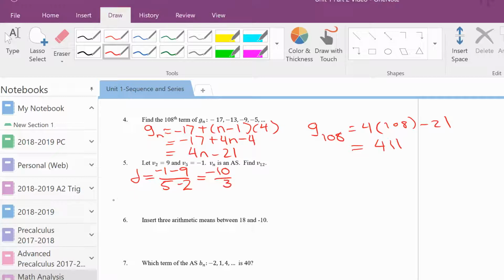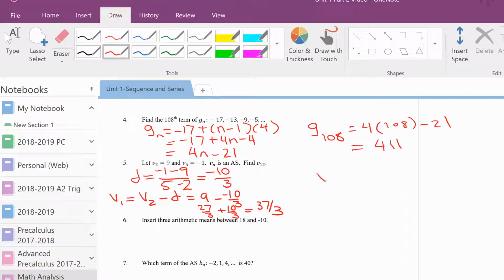Now to find the first term, we know that it's going to equal the second term minus the difference. So it's going to equal 9 minus a negative 10 thirds. Remember, 9 is 27 thirds plus 10 thirds. So it's going to equal 37 thirds is the first term.